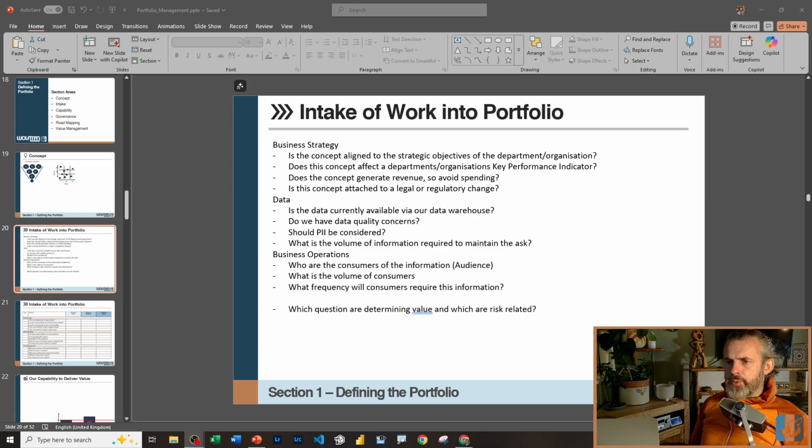Now, I think it's worth caveating at this point in time that this is a first pass at determining the risk and the value.